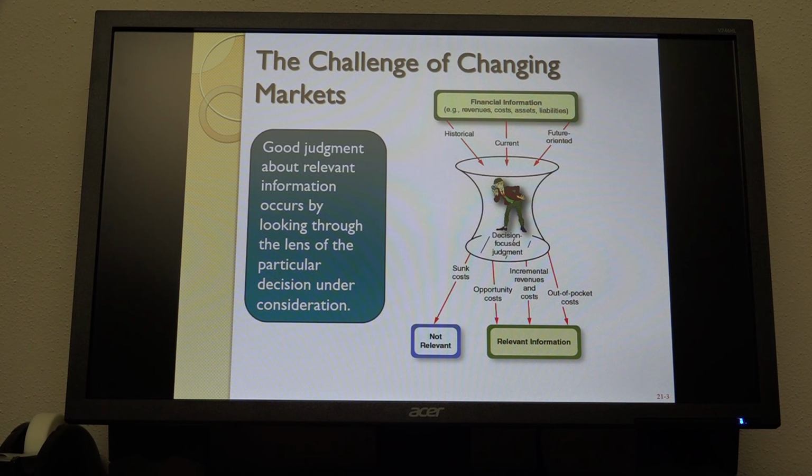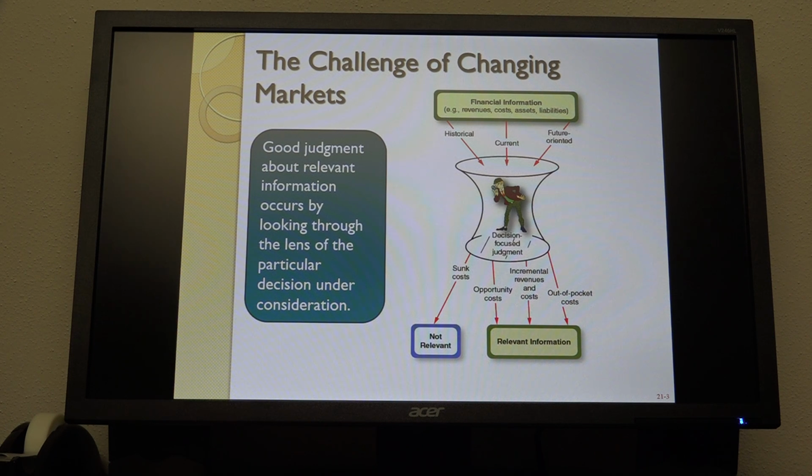And so the main problem is sifting through information and determining what information is relevant and what information is irrelevant. Because if it's not relevant, we don't consider it in our decision-making process. And so good judgment about relevant information occurs by looking through the lens of a particular decision under consideration.